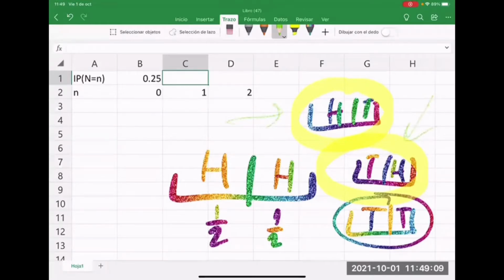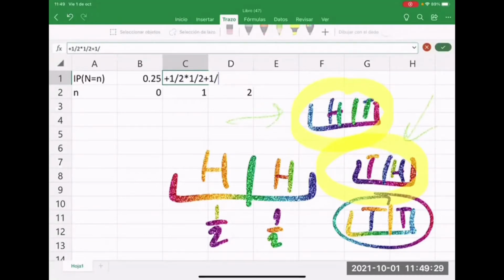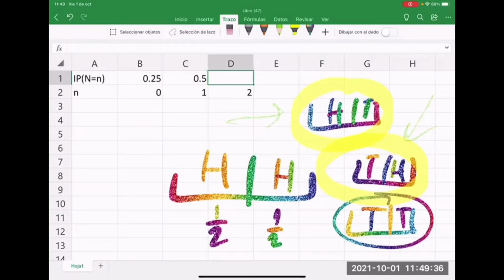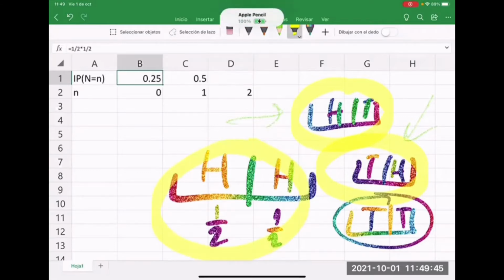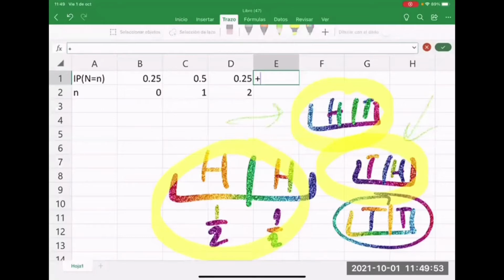So it is 1/2 times 1/2 plus 1/2 times 1/2, so that's 0.5. And finally, the probability of getting exactly 2 heads is just this event here, and that is also 1/2 times 1/2, that is 1/4. So as we can see, the sum of all this is just 1, and we are correct.